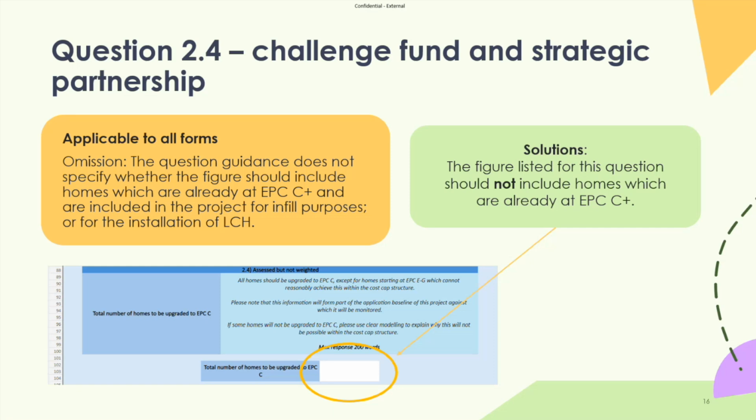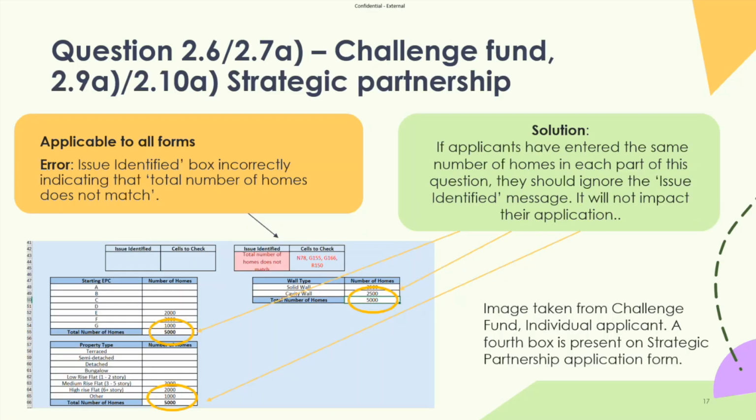Within the Challenge Fund and Strategic Partnerships, there has been an error identified that the error identification box is incorrectly flagging around the total number of homes. You can see in this example here, the two numbers of homes in the two tables match, but it's flagging as an error.